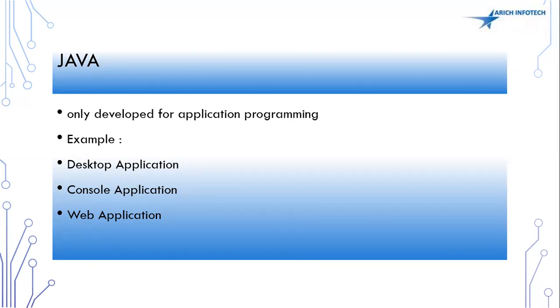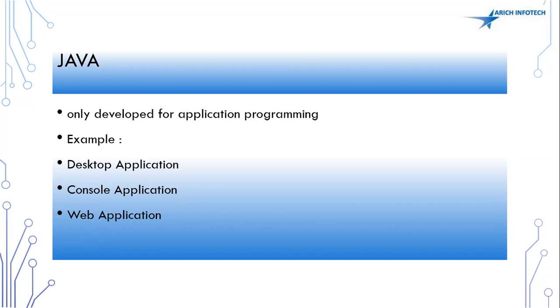So Java is only an object-oriented programming language. Java is not a pure OOP language. Only Simula and Smalltalk are pure object-oriented programming languages.